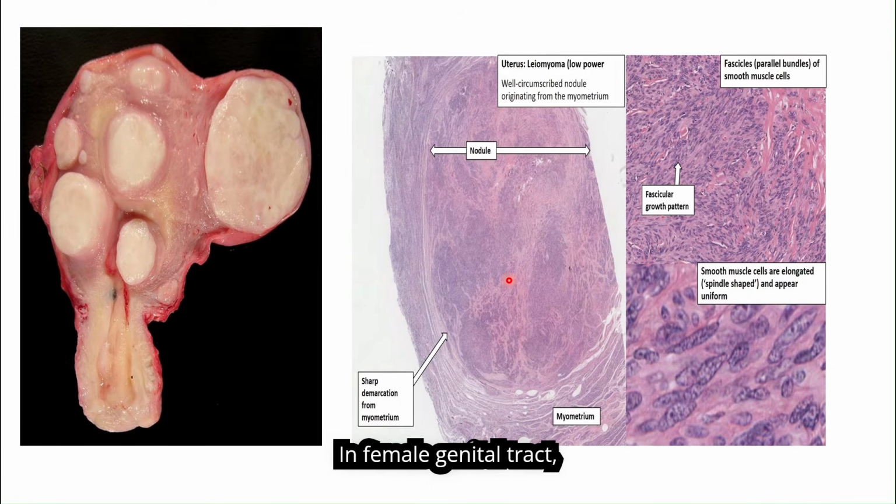In female genital tract, most commonly asked organ to identify is leiomyoma. So here uterine wall shows multiple leiomyomas. These are subserosal, submucosal and intramural fibroids.